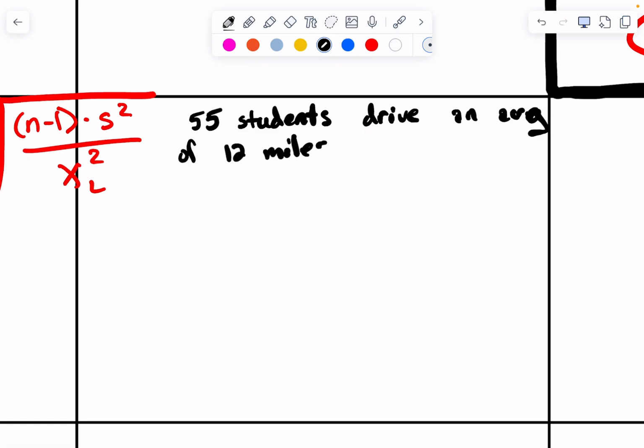Are you sure? I think that's less than 12 because there's a lot of in-towners. 10. 9. 9 miles to school.